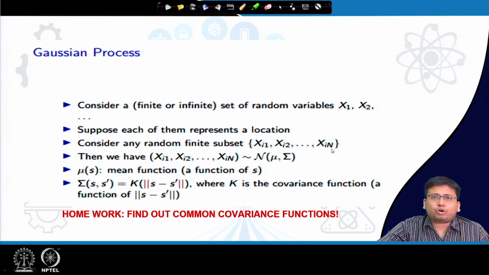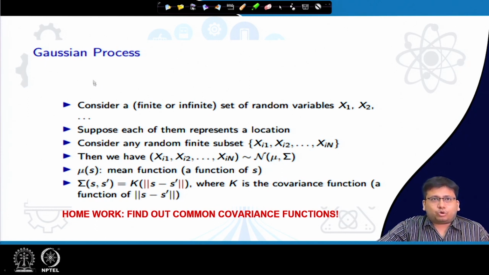We are focusing on only a finite number of these locations, and we are trying to define some kind of distribution on them.